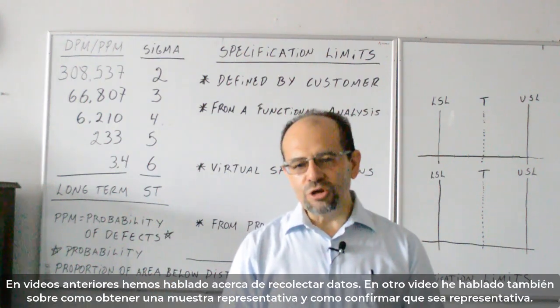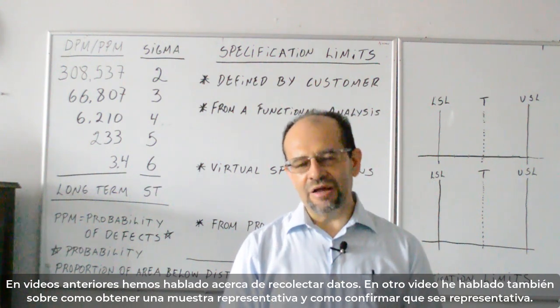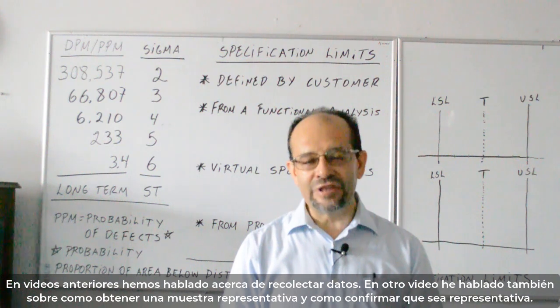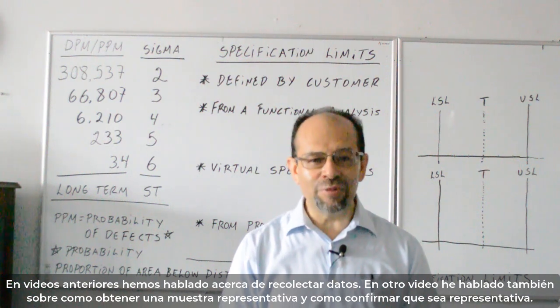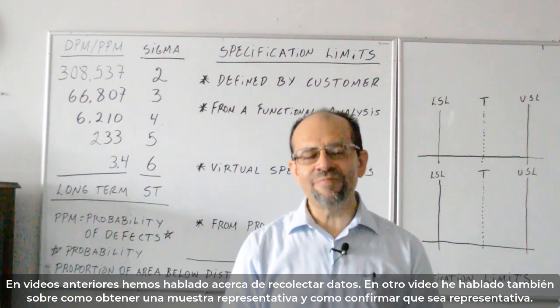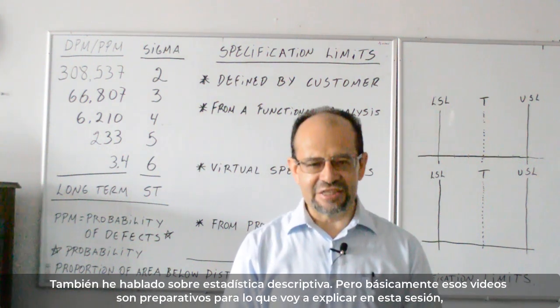In previous videos, we have talked about collecting data. Also, in a video, I have talked about how to obtain a representative sample and how to confirm that our sample is representative. And as well, I have talked about descriptive statistics.